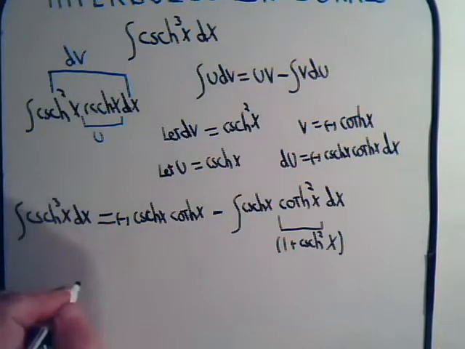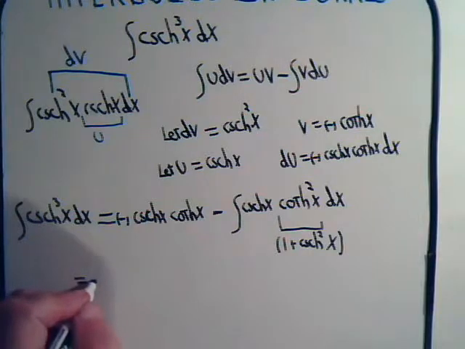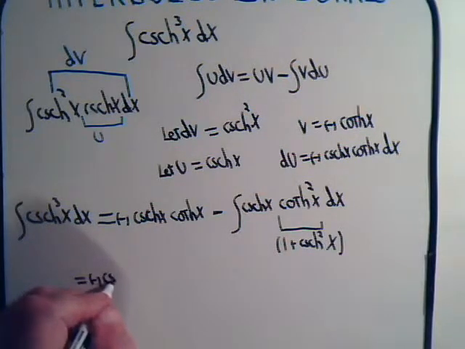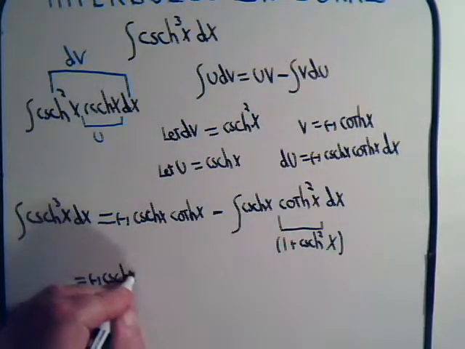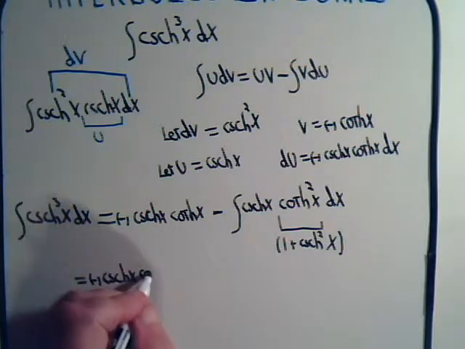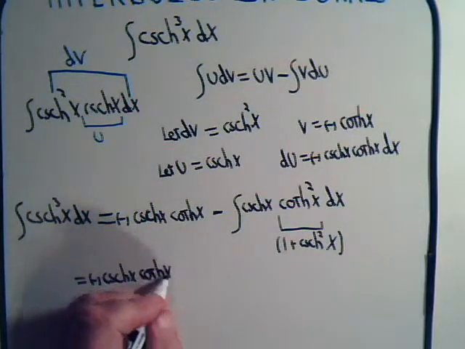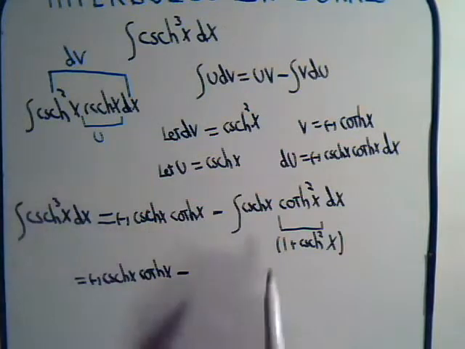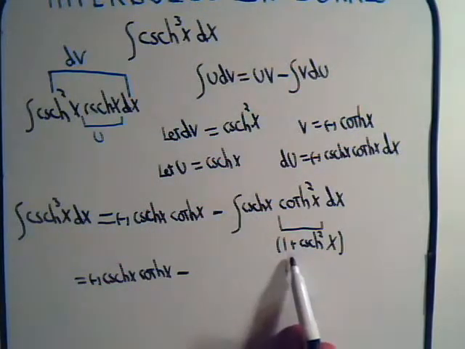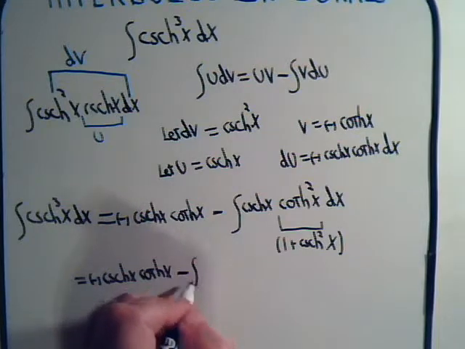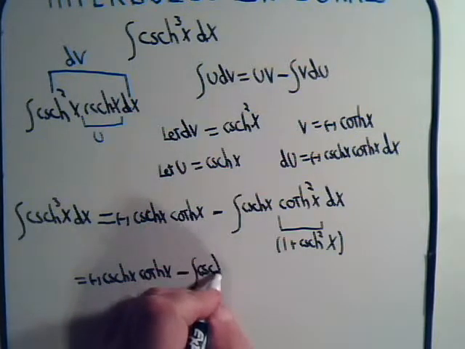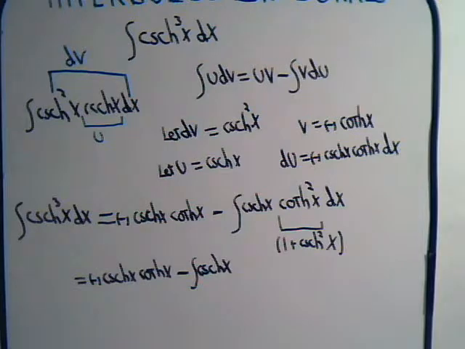We have, this will be equal to minus the hyperbolic cosecant of x times the hyperbolic cotangent of x, minus the integral of the hyperbolic cosecant of x dx, and then here we're going to have the cubed integral with the sign, so we'll take it over to this side, and now we're going to have 2.